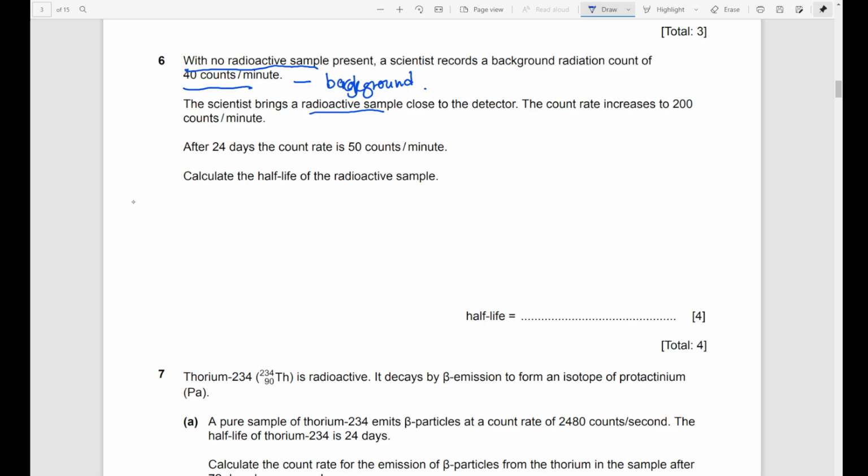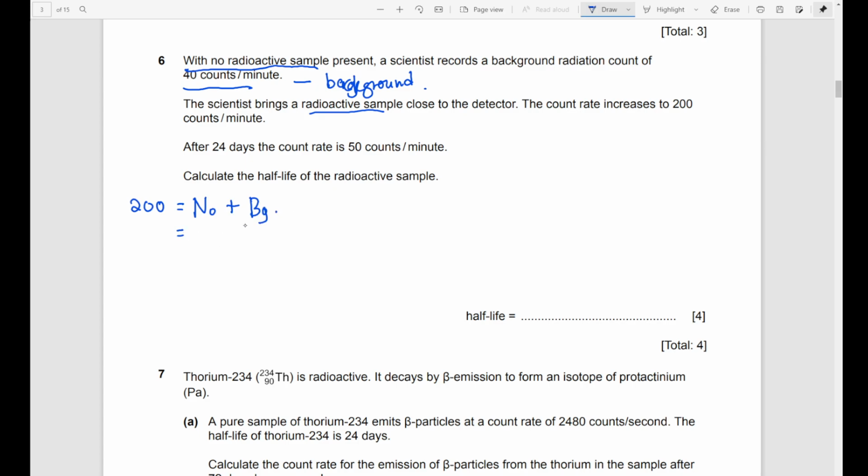So actually this 200 counts per minute is equal to the radiation coming from the sample, let's say N naught, plus the background radiation.